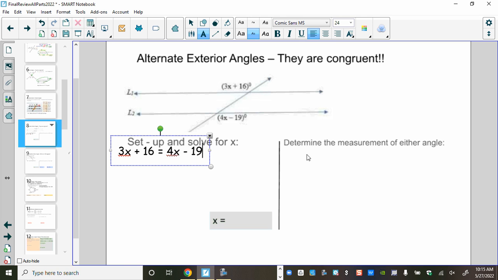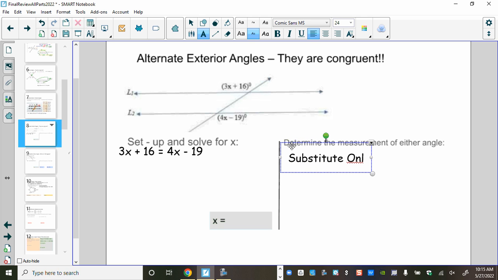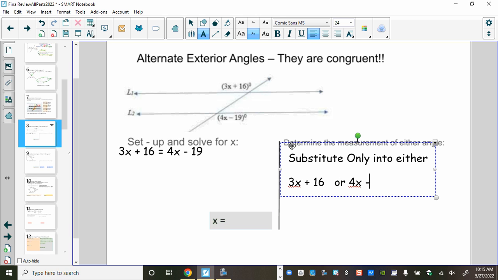And then just like before, similar, to find the measurement of either angle, substitute only into either 3x plus 16 or 4x minus 19.